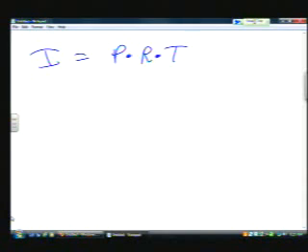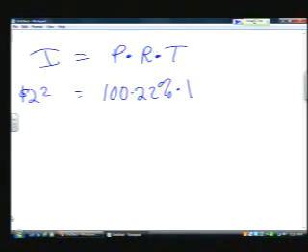To make sense out of a formula, a lot of times, this is what I do. I plug real numbers into it. I'll plug $100 in for my principal, 22% for the rate, and 1 year for the time, and sure enough, you get $22 of interest. That's how much it's going to cost you.